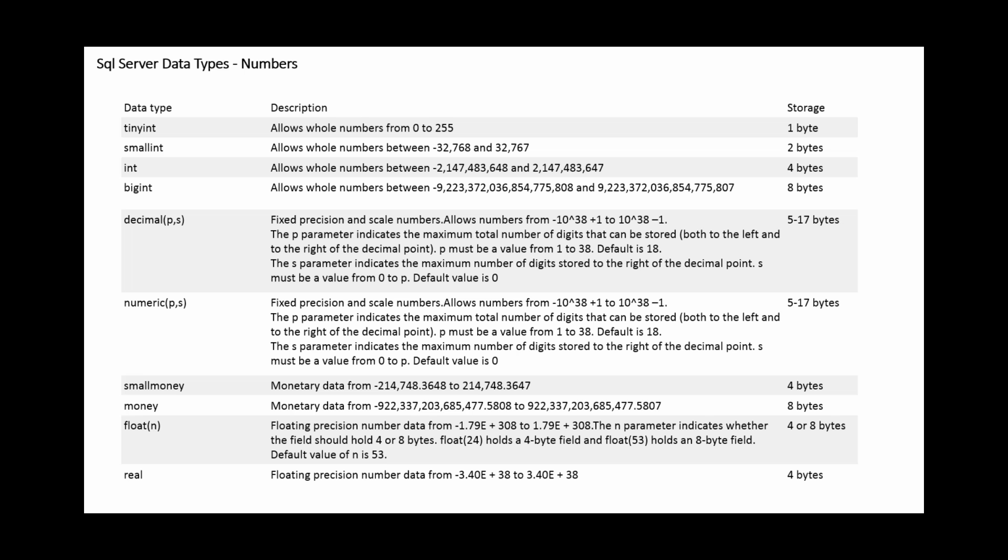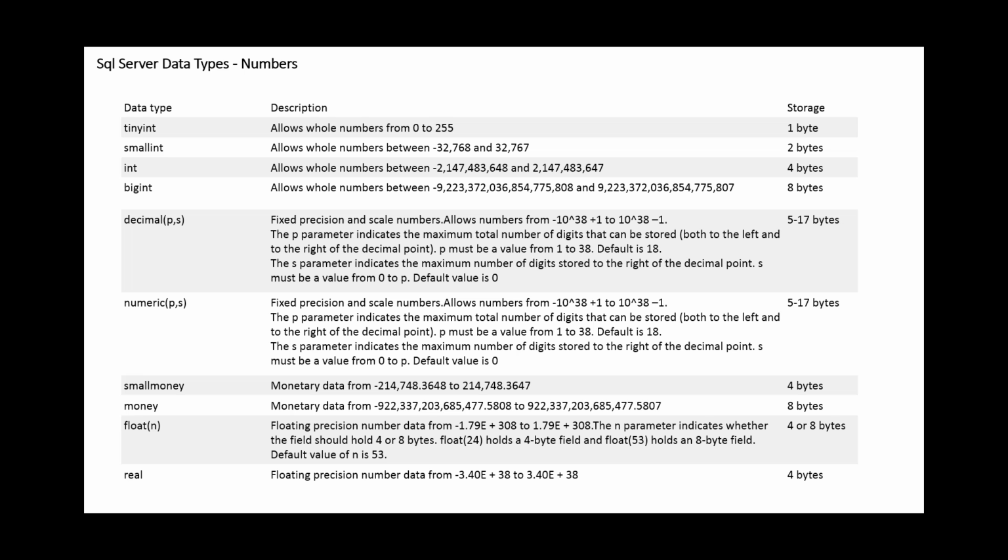The range is also given here. If you want to save decimal values like 10.30 or 10.37, you use decimal. Then numeric, fixed precision and scale numbers, allows numbers from the same range as decimal.